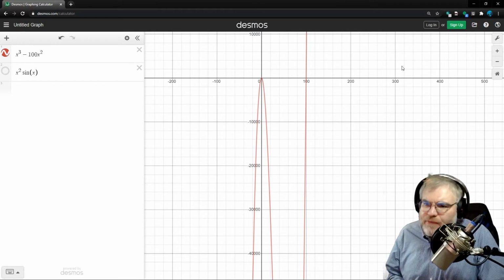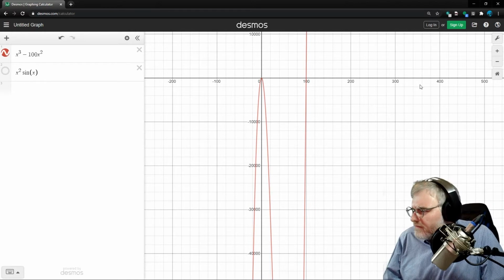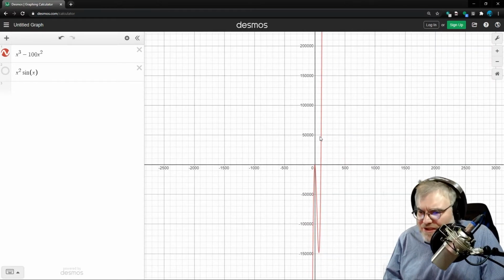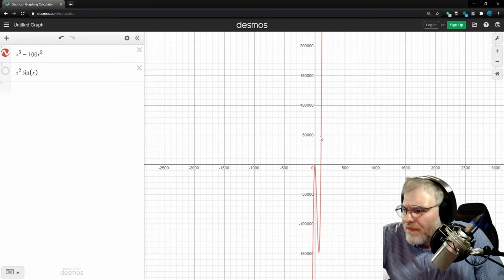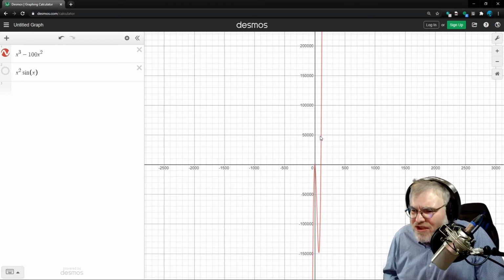It pulls us below the x-axis. But after 100, this x cubed term just drowns it.